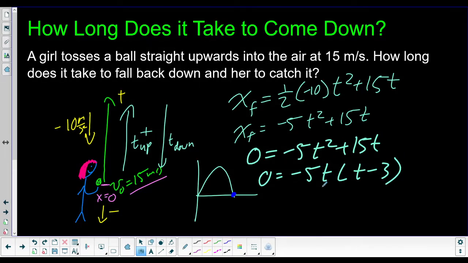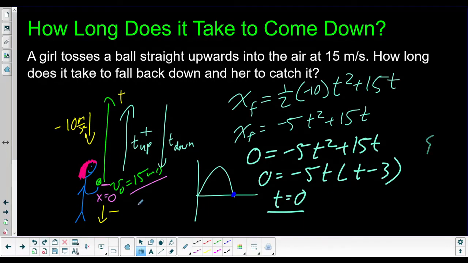So one of our roots is t equals 0 right here. What that means is at time 0, the ball is at position 0. It's in her hand. So all this answer is telling us is that before she throws it, the ball is in her hand, which is good. We want it to say that, because otherwise we'd have some questions, right? Where else would the ball be if not in her hand?